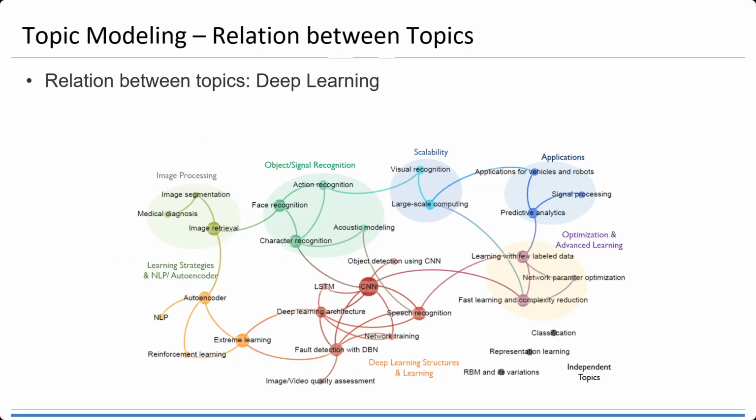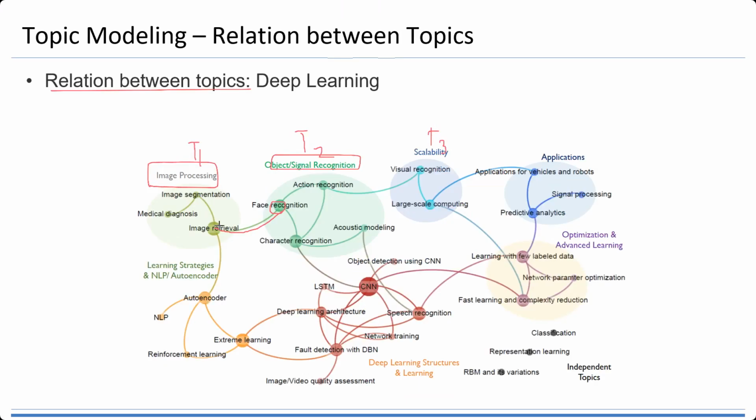From this topic modeling, we can also see the relationship. What is the relationship? If a document or a topic is related to image processing, we want to know whether there is a relationship with other terms in another topic. So this is, for example, topic 1, topic 2, topic 3.